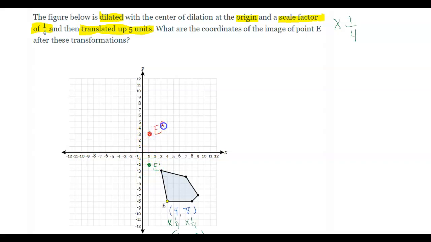That is my location of my second transformation. All right, I know the coordinates of this point are at 1, 3. Over 1, up 3. Found my coordinates. So what are the coordinates of the image of point E after these transformations? It's at 1, 3.